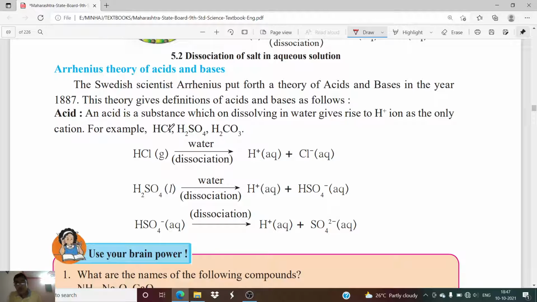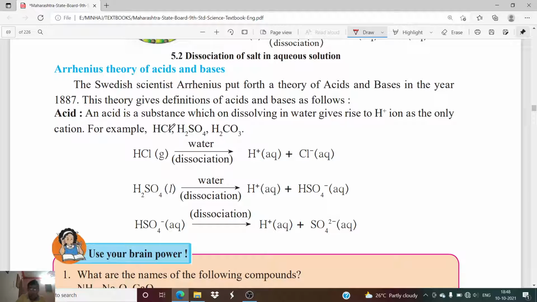According to him, if we dissolve an acid in water, the dissociation of the ions will definitely take place, and the basic radical or the cation which is dissociated after mixing the compound in water is going to be the H+ ion.